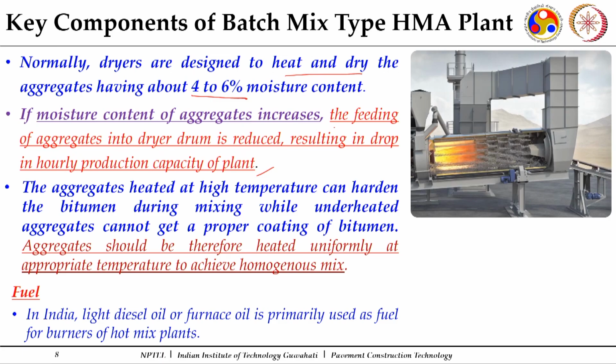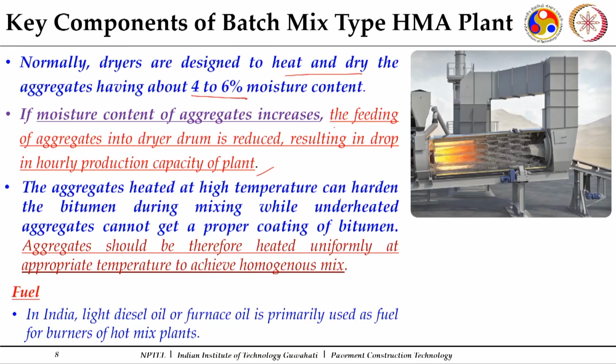So, we want to avoid excessive heating of aggregates. We do not prefer a temperature difference between aggregates and binder of more than say 14-15 degrees centigrade. Aggregates heated at high temperatures can harden the bitumen during mixing. On the other hand, if underheated aggregates are there, then it may not have a proper coating of bitumen.